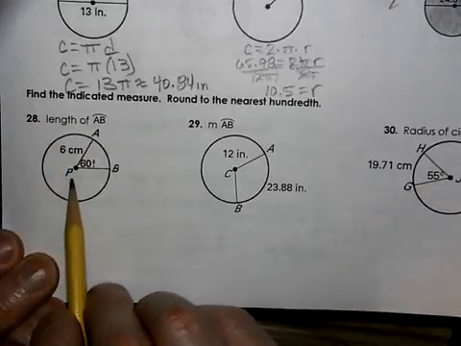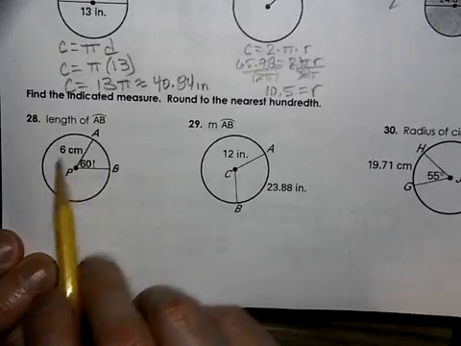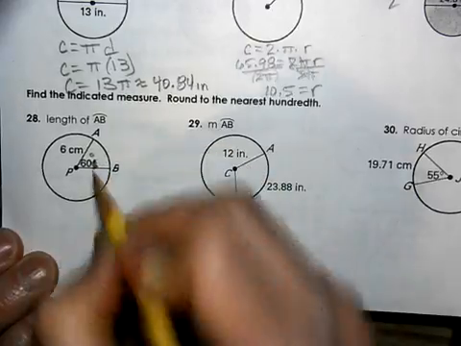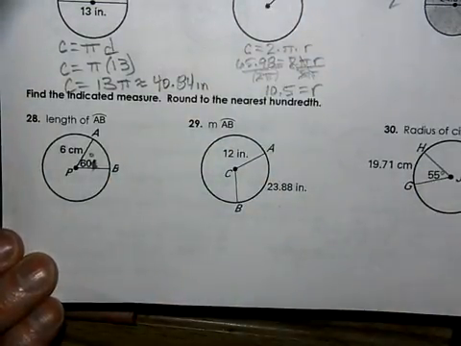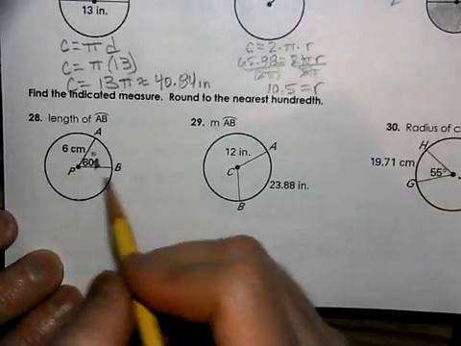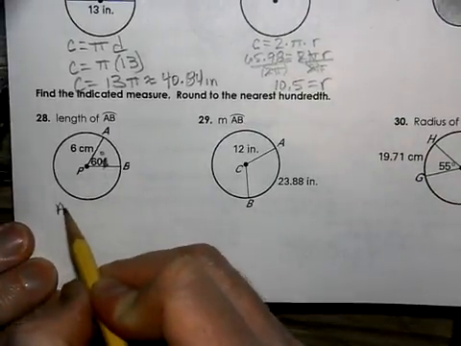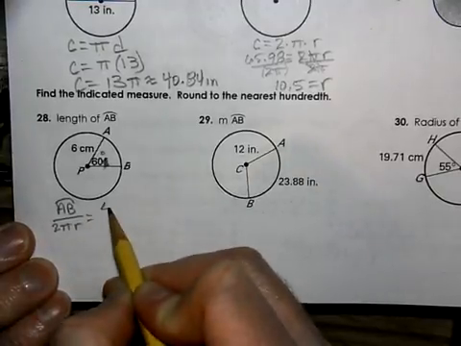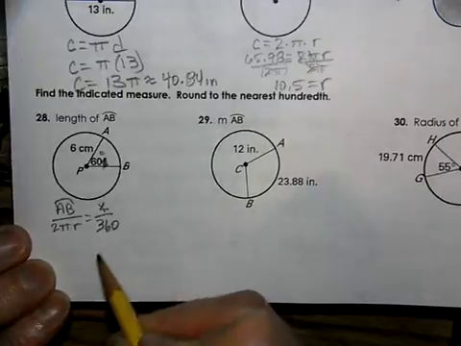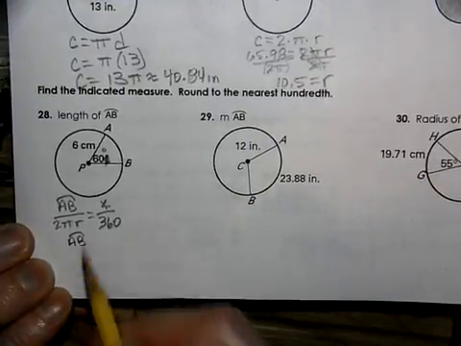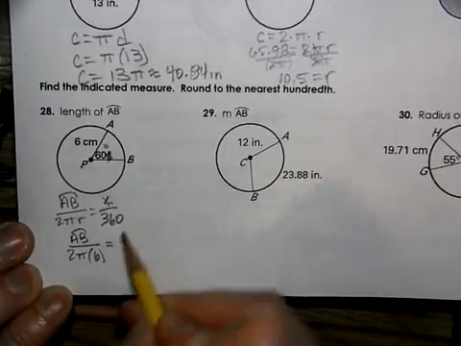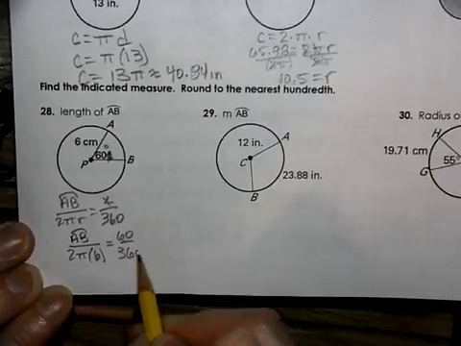We're looking for the arc length. The circle has a radius of 6 and a central angle of 60 degrees. So for arc length, we use our arc over circumference, which is 2 pi r, equals our angle over 360. What we don't know is our arc length, over 2 pi times 6 equals 60 over 360.